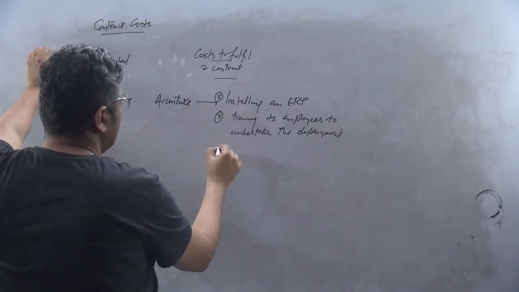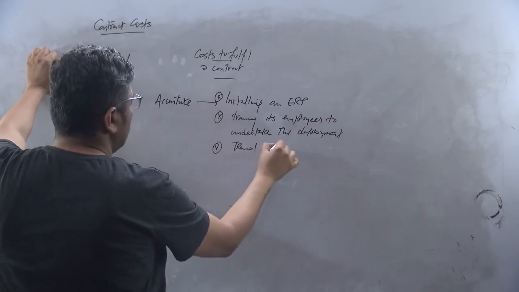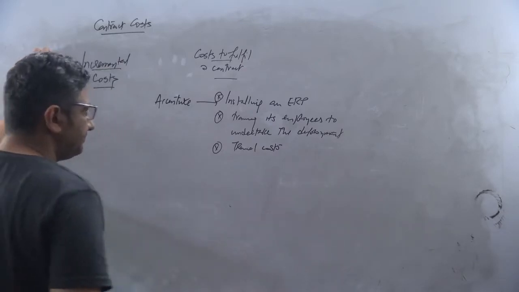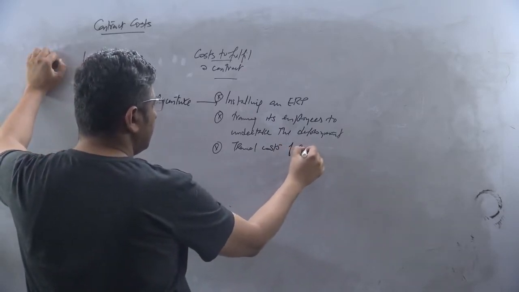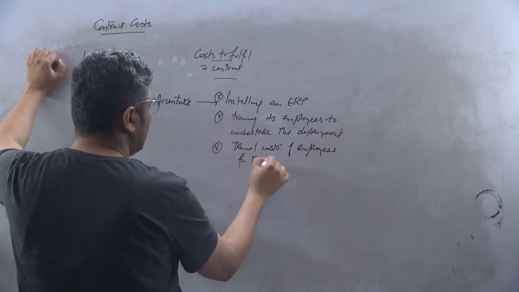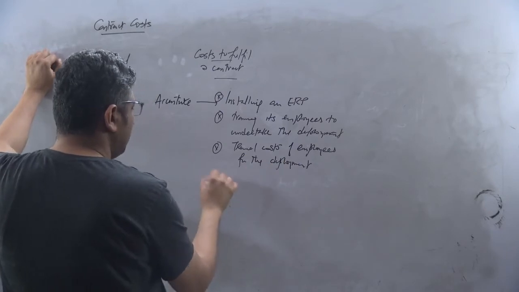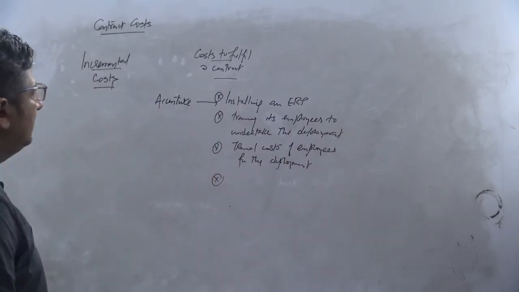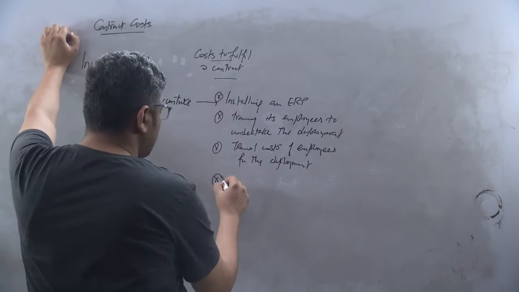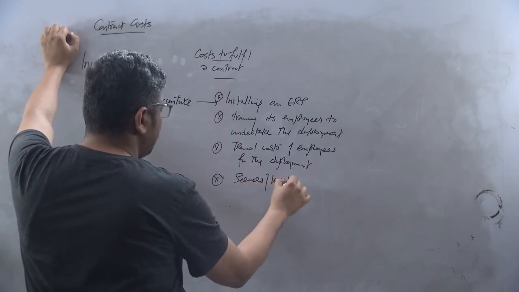This is the second cost. It would be incurring travel costs of the employees for the deployment. Okay, it would also be, for example, incurring the cost of bringing some servers or hardware.